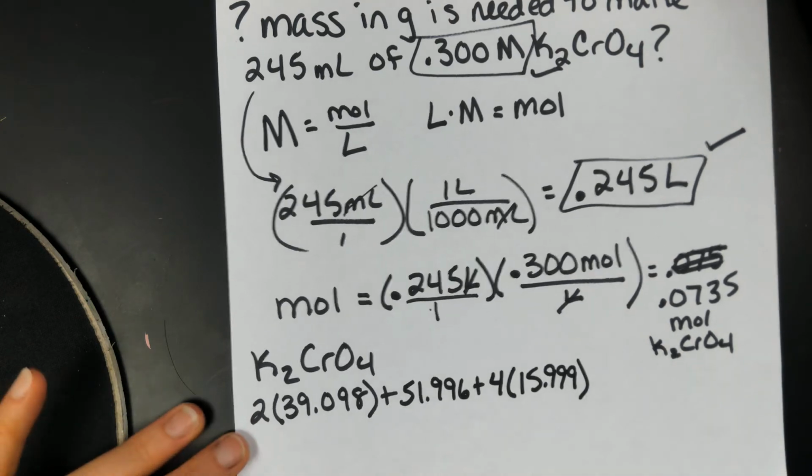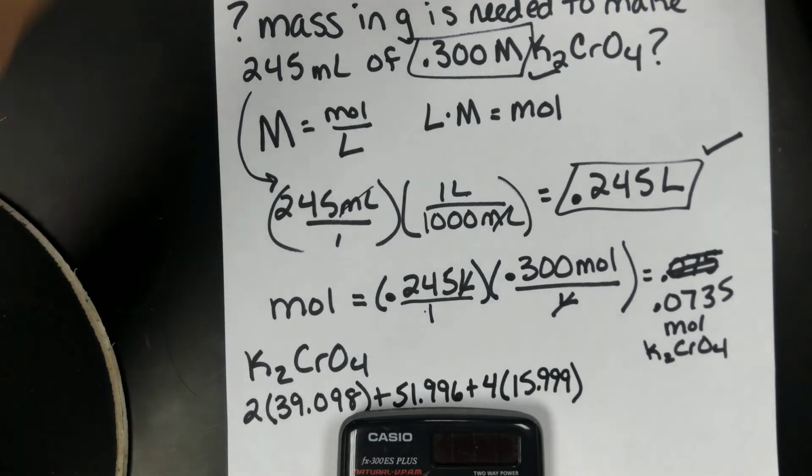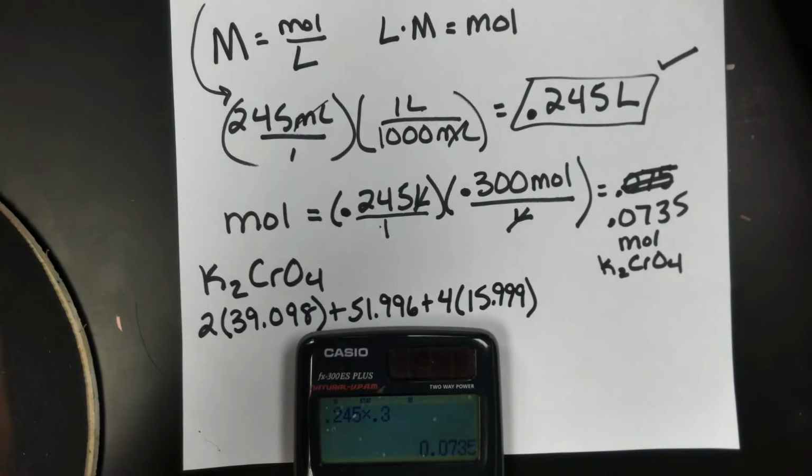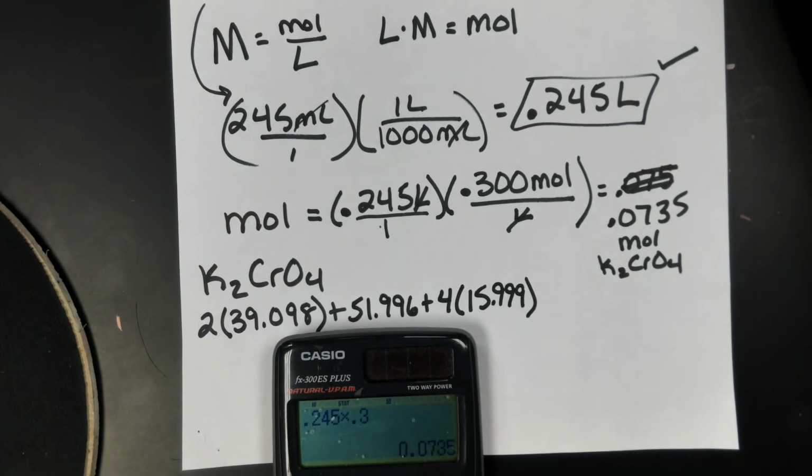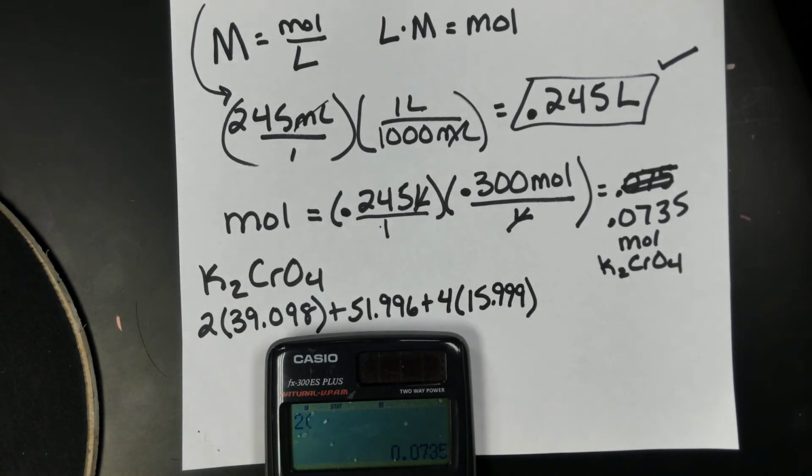All right, so I'm going to type that in my calculator. Let's move this all up. There we go. So 2 times 39.098 plus 51.996 plus parentheses 4 times 15.999 and parentheses enter.